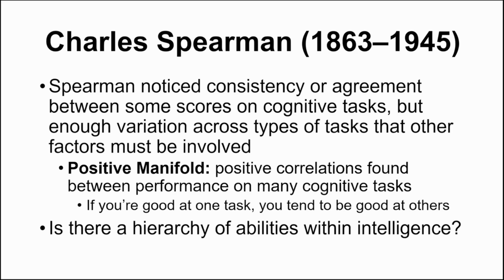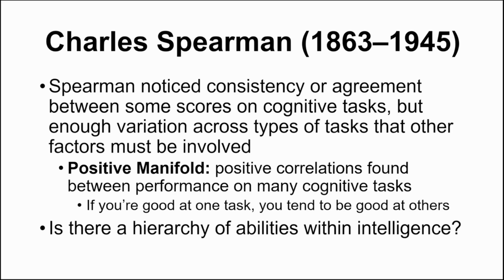So yes, we still have enough variation across different categories or types of tasks that there must be some other factor involved, but having a broad correlation or a broad agreement between scores gives us this idea that while there isn't just a single ability, a single thing that contributes to intelligence, there is something that seems to be going on behind the scenes. And then there are other things on top of that that are going to give us more accurate predictions. So what do we mean by that?